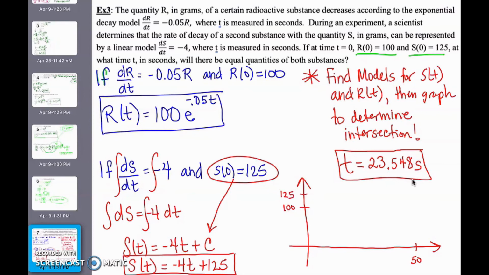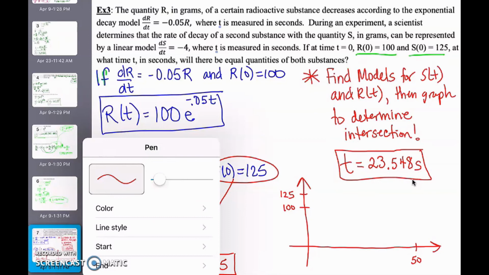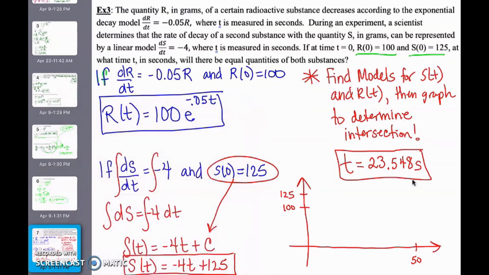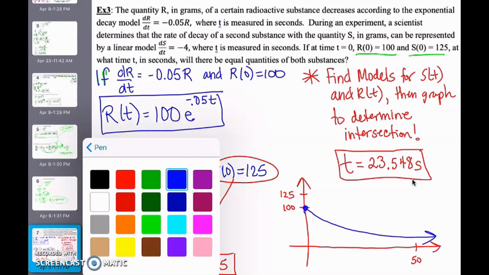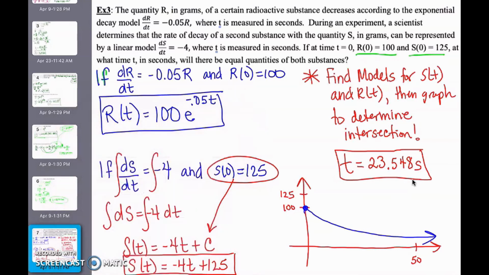So I had my R of t, which was my exponential function, looking kind of like this. And I had my linear function looking something like this. And we were calculating this point right there, which ended up being 23.548 seconds. And that's it, folks.